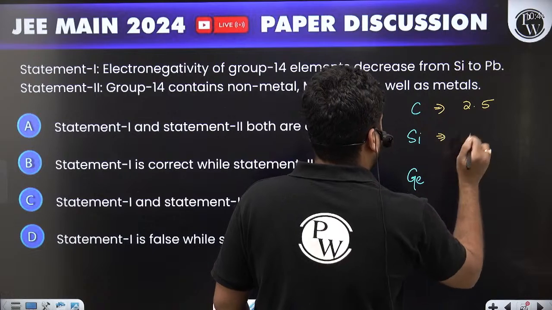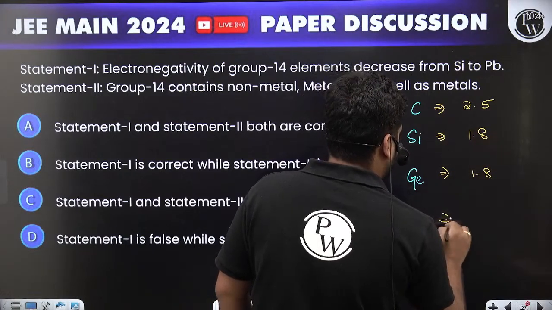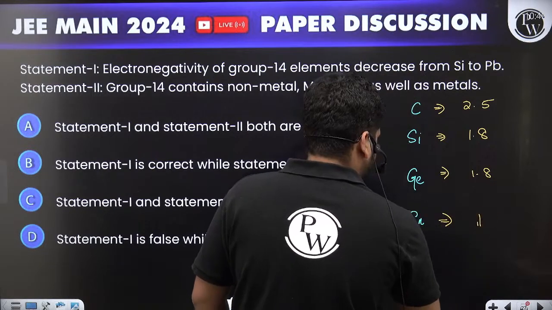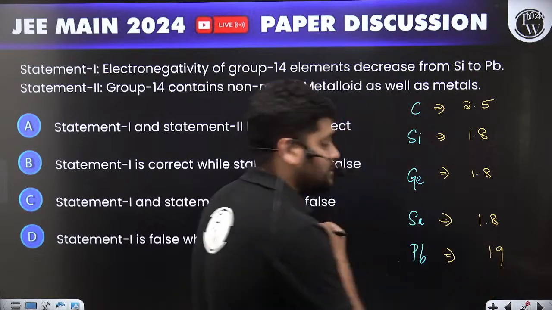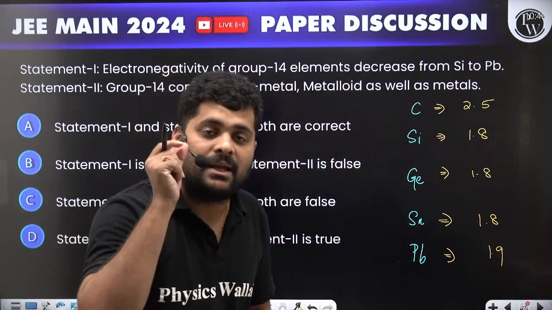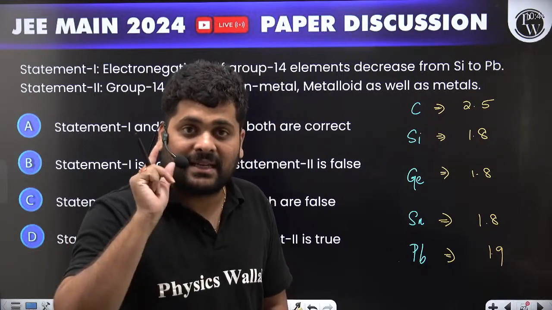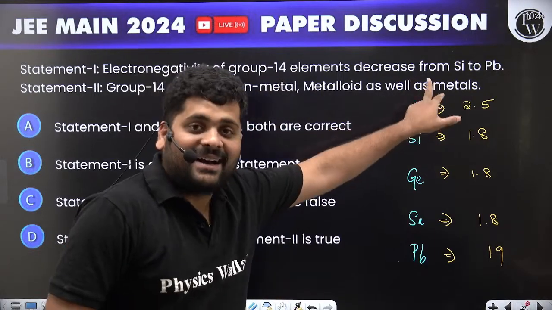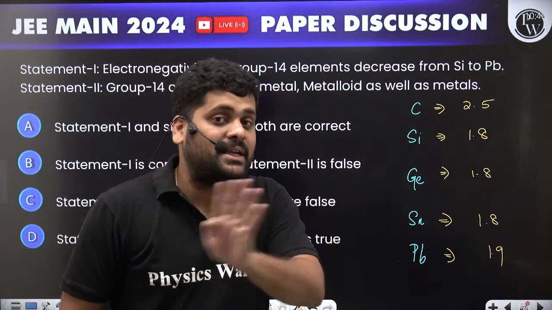Here we have the electronegativity as 1.8, and the electronegativity of lead slightly increases to 1.9. Please look at your NCERT textbook tables. Refer to the tables if at all there is any exception. So the questions are asked in such a way. The general trends with respect to the tables have been asked.